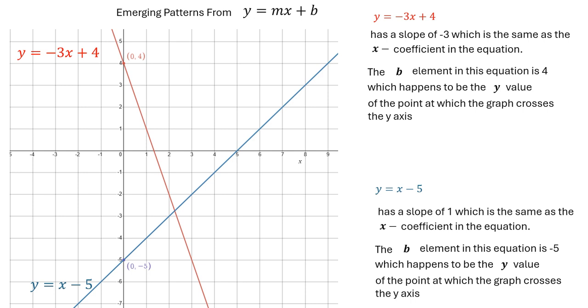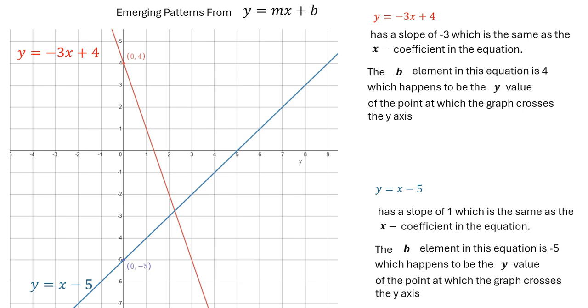Now look at the b values for each of these equations. For the equation y equals negative 3x plus 4, our b value is 4. Take a look at the graph. Note how the graph crosses the y-intercept at the value of 4.